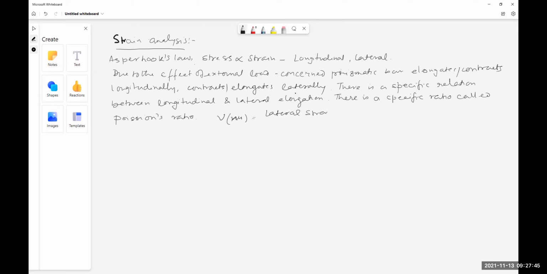The condition is it should obey Hooke's law. That is, it should be loaded within elastic limit.